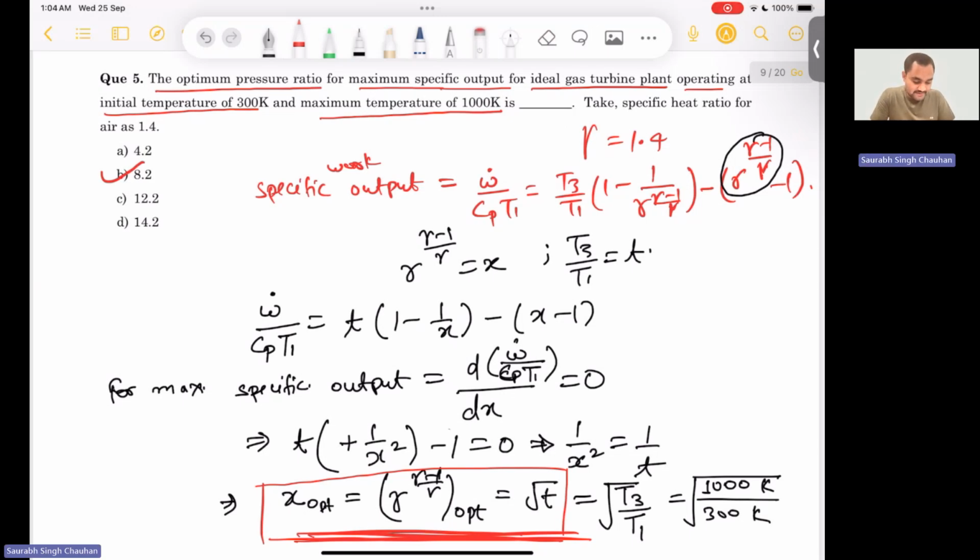Once again, I can repeat that specific output depends on pressure ratio, and to calculate the maximum specific output, you can differentiate the expression for specific output with respect to pressure ratio, or you can differentiate it with respect to r to the power gamma minus 1 by gamma, so that it will become easy for differentiation, and you can set that differentiation equal to 0, so you'll get the optimum value for pressure ratio.